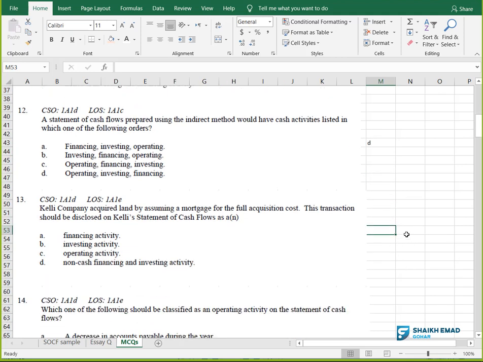Then they say Kelly company acquired land by assuming a mortgage for the full acquisition cost. This transaction should be disclosed on the statement of cash flow as what?